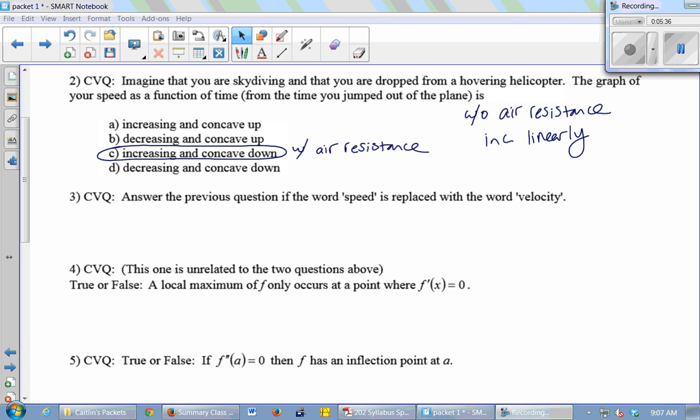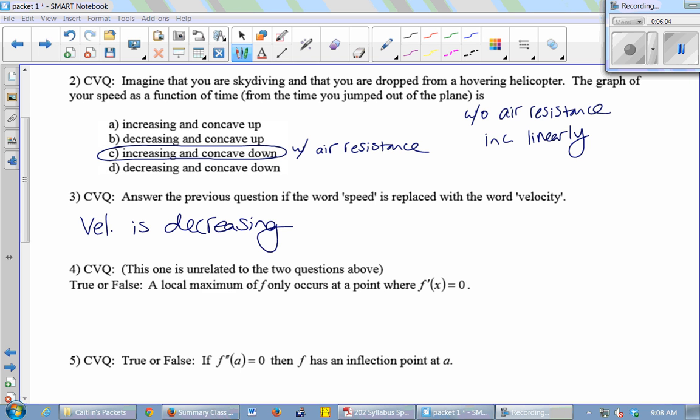So if you're going faster and faster in a downwards direction, your velocity would be negative, bigger and bigger negative numbers. So think of a number line. If you're going bigger and bigger negative, what's happening to the value of your velocity? It's decreasing. Yeah. So velocity is decreasing because it's becoming more and more negative.